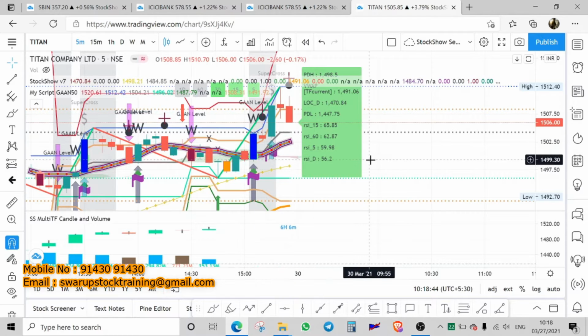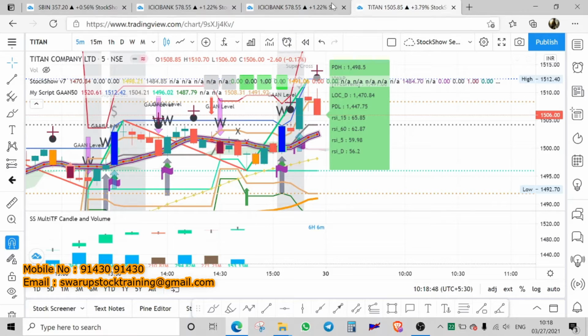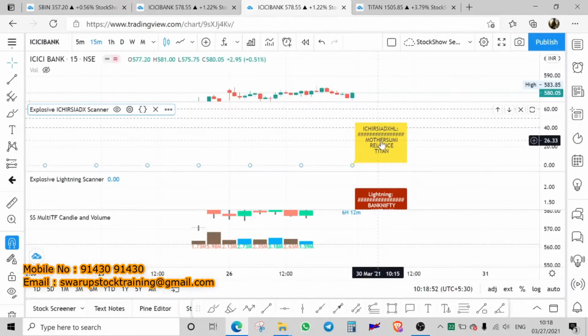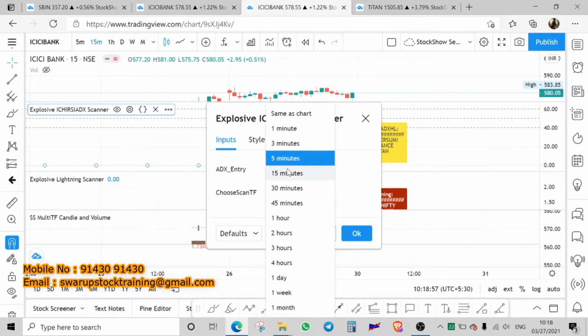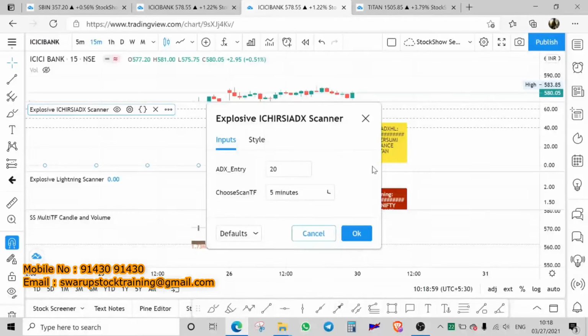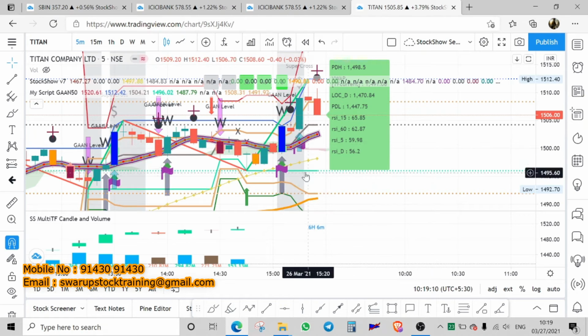Now the scanner is very useful at different markets and different time frames. I can always change the scanner to a different time frame, from 5 minutes to monthly, according to the nature of your trade. There are two types of scanner. One is your lightning scanner. What does the lightning scanner do? The lightning scanner will plot a bar here saying this is going to be a very lightning move.